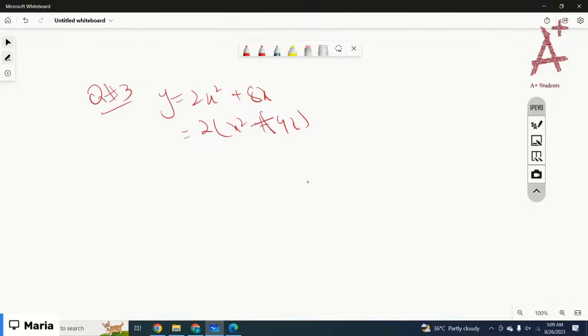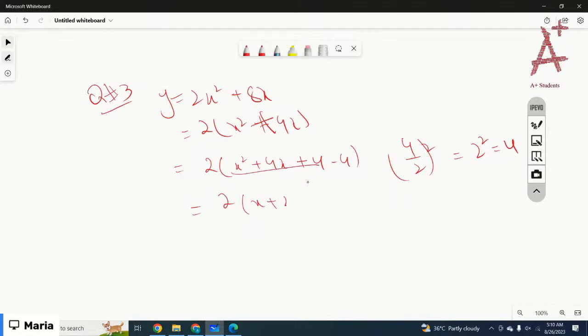You have to add b by 2, right? 4 over 2 square, that means 2 square, and 2 square is 4. You have to add and subtract 4. It would be 2 times x square plus 4x plus 4 minus 4, right? This one makes x plus 2 whole square and minus 8, because you have to multiply this 2 times negative 4 also, right?